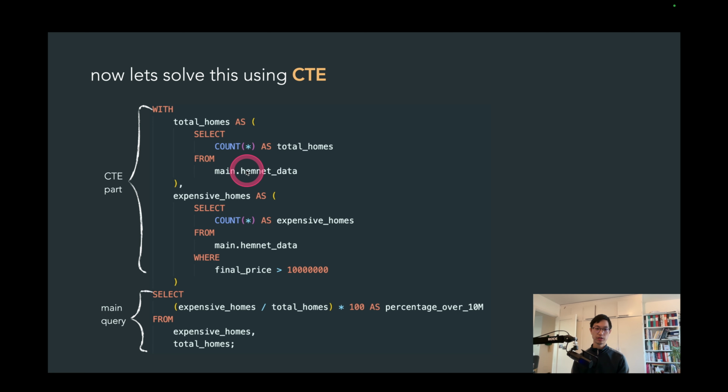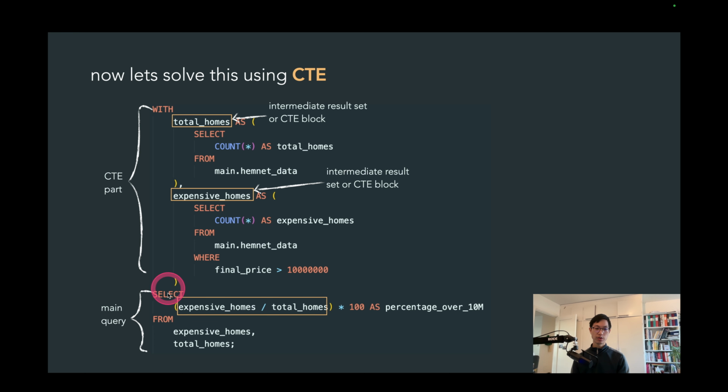Look at what happens here. We have total homes, an intermediate result set or CTE block. This is also an intermediate result set or CTE block. Total homes is select count star as total homes from main.hemnet data. And expensive homes is similar, count star, but here we have the where clause as well. And now you just take expensive homes divided by total homes times 100 as percentage over 10 million.